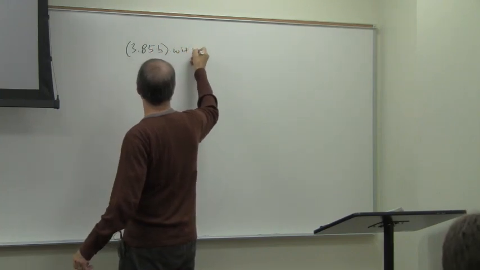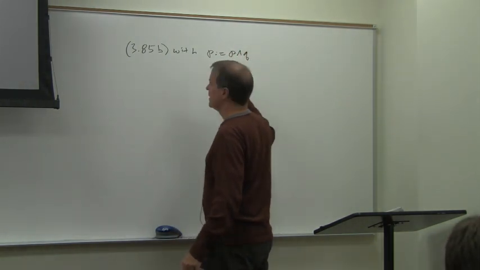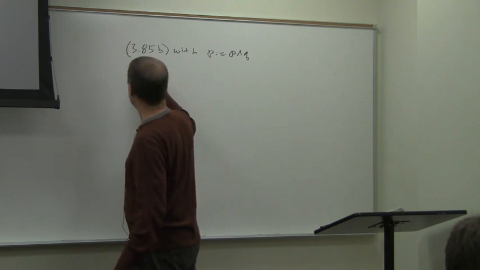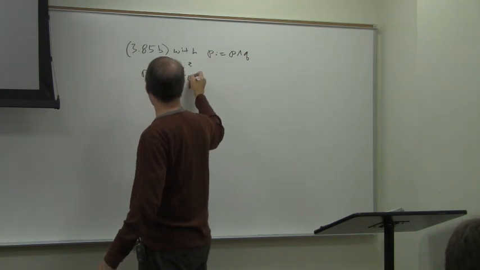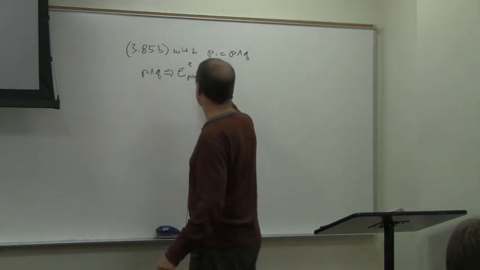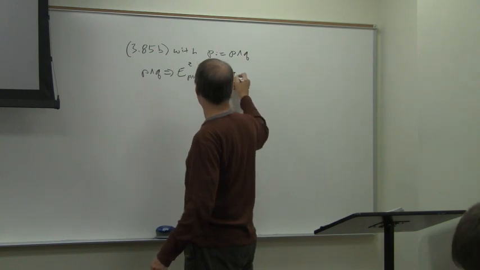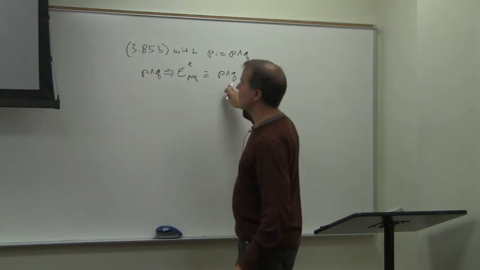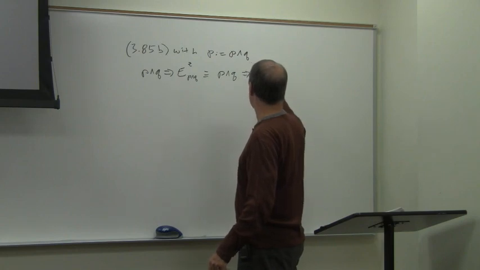3.85b with P replaced by P and Q is this: P and Q implies E with Z replaced by P and Q, equivales P and Q. Hold on: P and Q implies E with Z replaced by true.